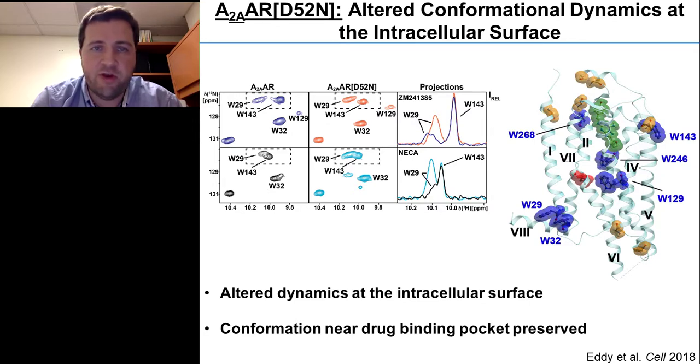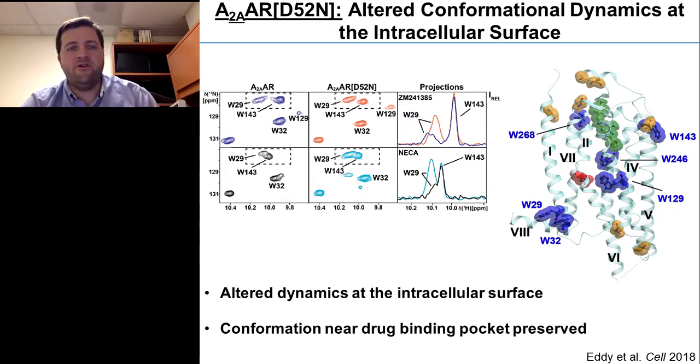This slide shows a comparison of that data. On the left, you have the native protein in complex with an antagonist, that's the blue spectrum, and the agonist, that's the black spectrum below it. And now comparing to complexes for the same ligands with the variant protein D52N.